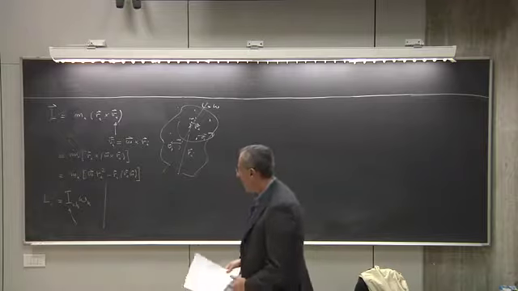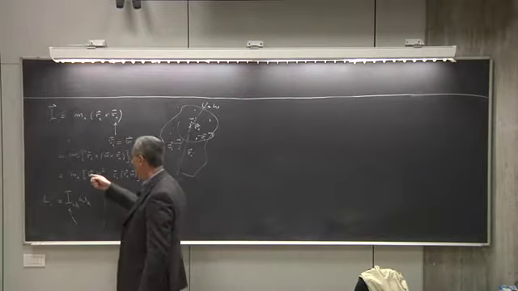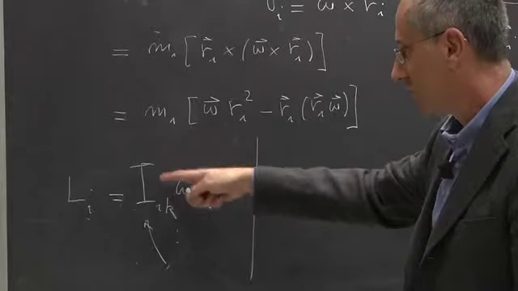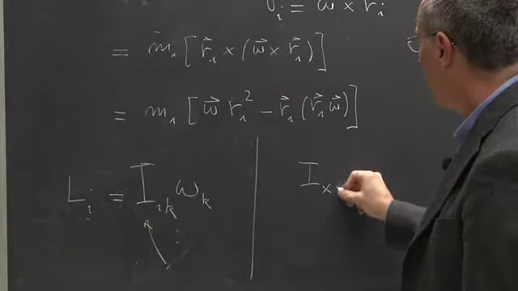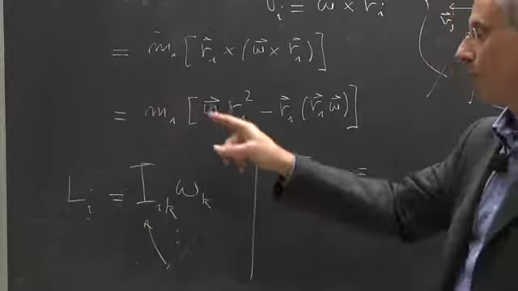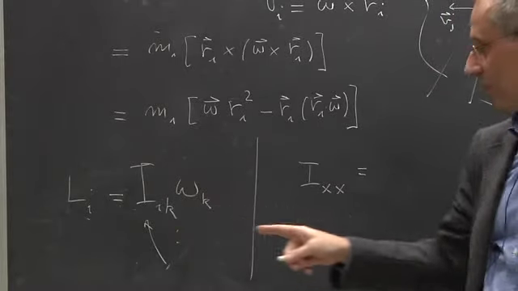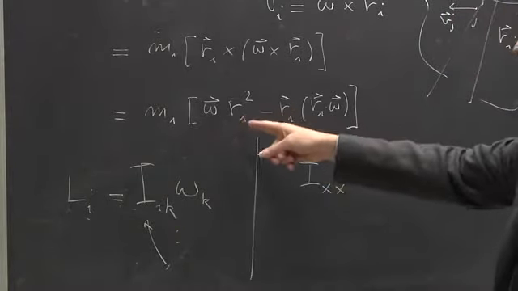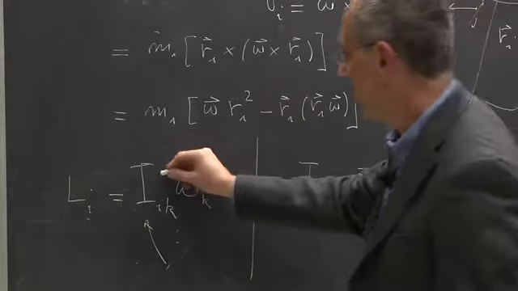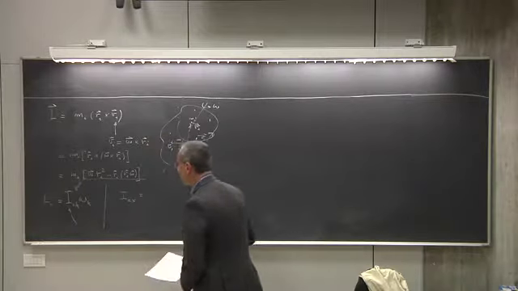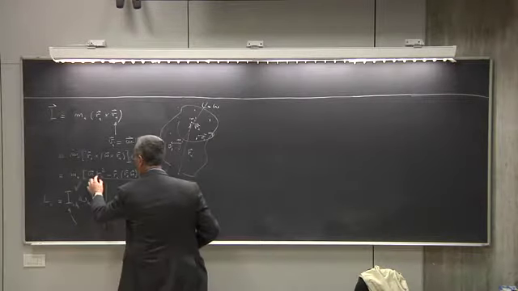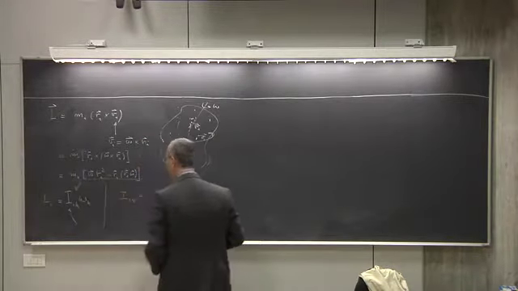So I can look at a particular component of this. This is a 3 by 3. For instance, I can look at the component in the x direction, the 1,1 component of this tensor. And what is that? Well, I see this by inspection. This thing is defined by this general definition, so I have to pick the component in that direction.